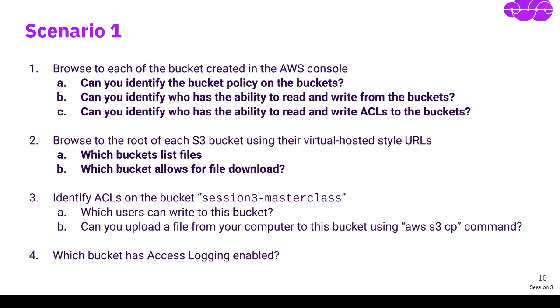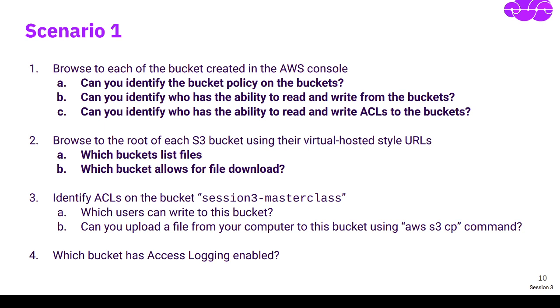Don't do this with a command line, do it in the browser, right? The way we usually find S3 URLs in the wild. See if you can browse to the root of the bucket and download a file. Sorry about that.